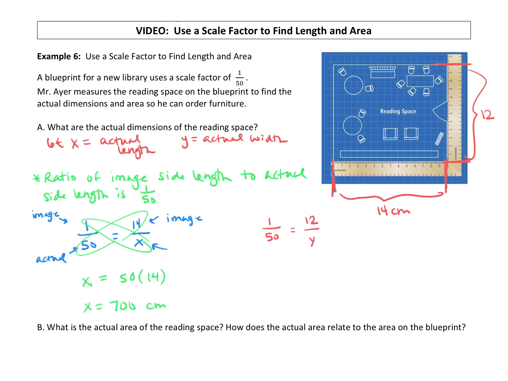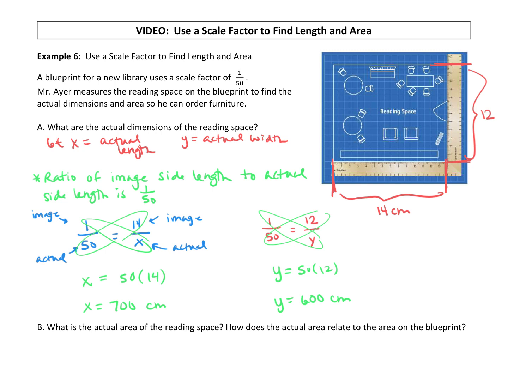Okay, now we can cross multiply. 1 times y is y equals, cross multiply the other way, 50 times 12. Our actual width in the real room, the full size room, is 600 centimeters.